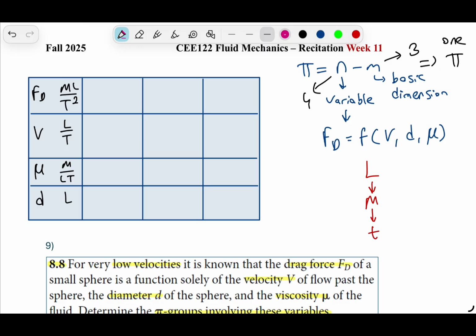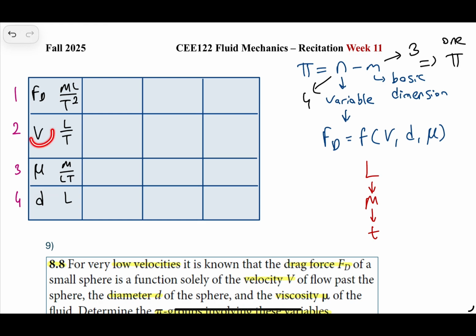In the first variable, we write 1, 2, 3, 4. So in the first one, to eliminate L, we can divide it by diameter. The main process is the use of variables here to eliminate L, M, and T, and lastly find the pi group. To eliminate L, we can use diameter because it already has the dimension of L. So if we divide drag force by diameter, we are going to get M over T square.